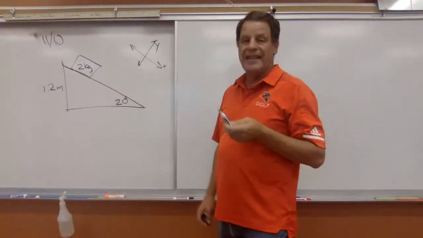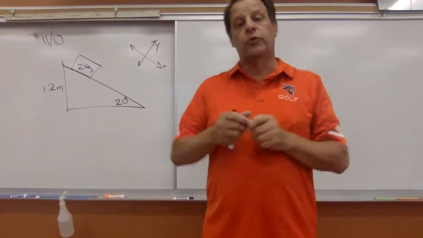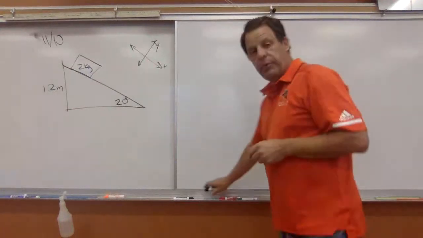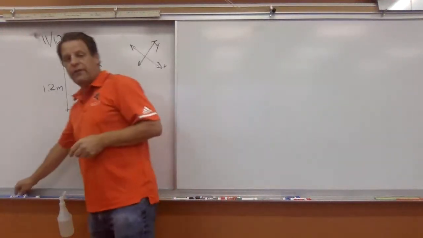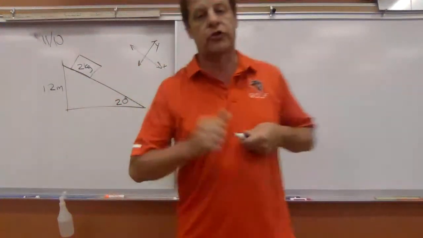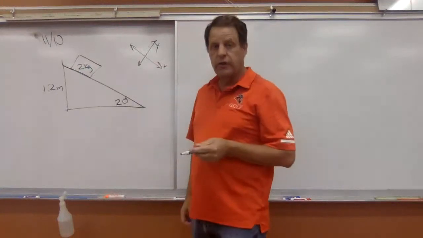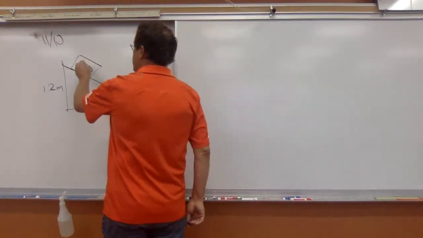All right, so the next step is to draw a vector for everything that touches it, plus gravity, plus friction. In this case, the only thing that is touching it is the inclined plane.